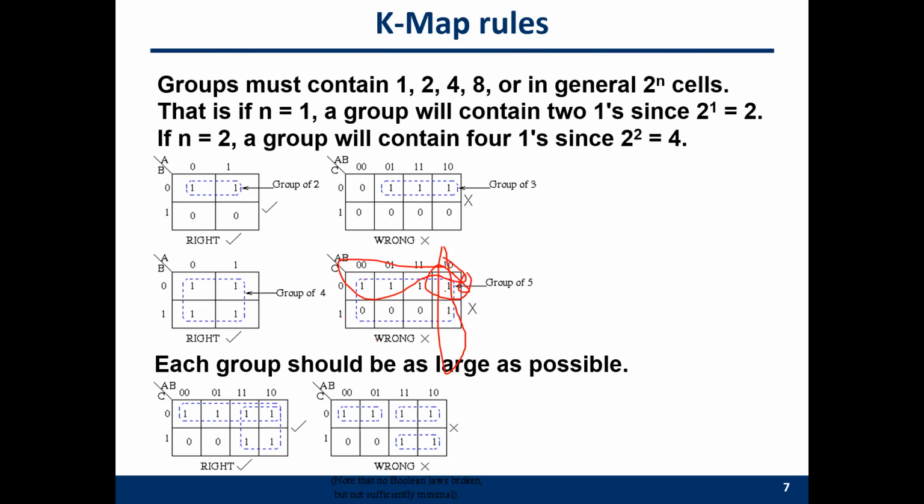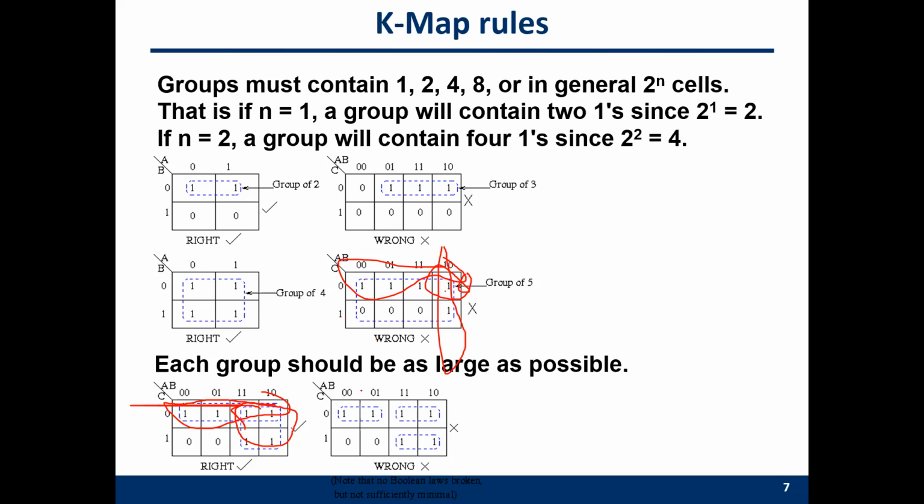And we should draw as large a group as possible, and the number of groups should be as small as possible. For example, we have 6 ones like this. Then we need to use groups to cover them as large as possible. This is one group, and this is another group. So by two groups, we can finish the simplification.